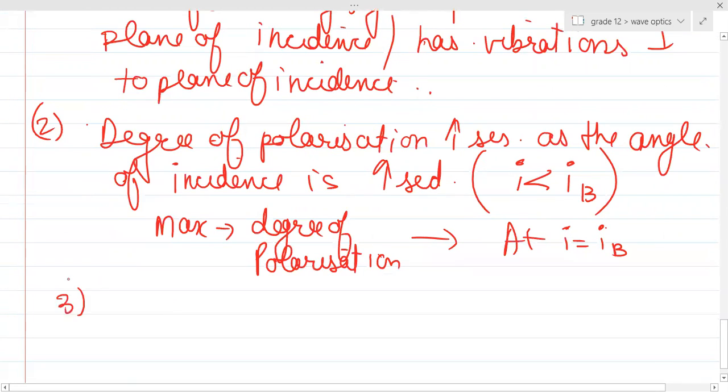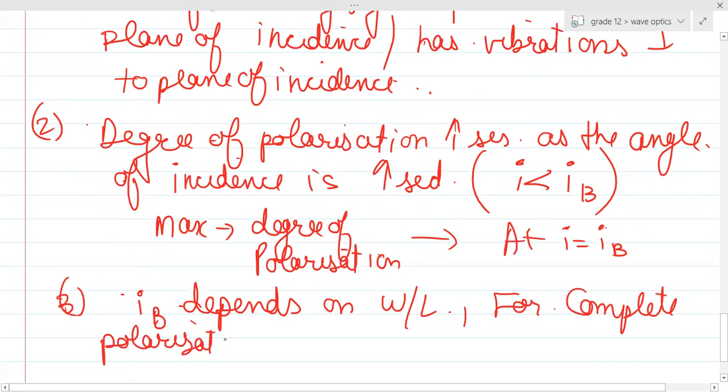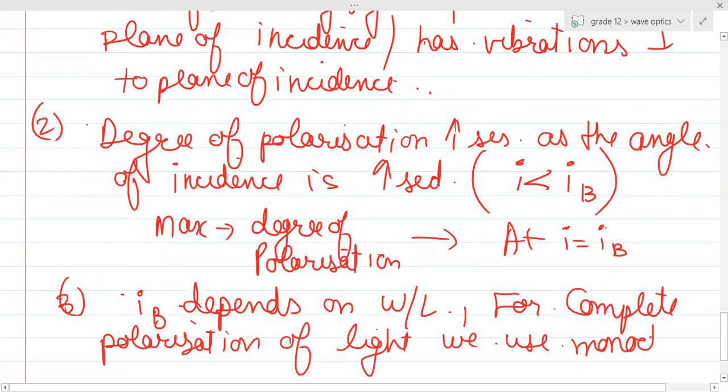Third point you can write: the Brewster's angle depends on wavelength. Generally, it depends on wavelength. So for complete polarization of the light, we use monochromatic light only.